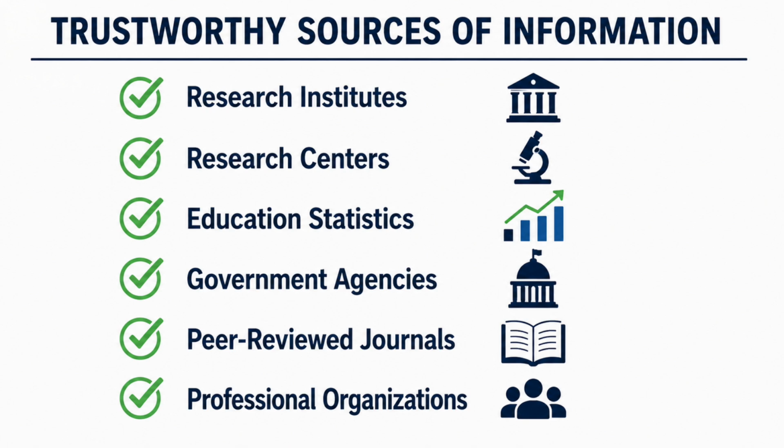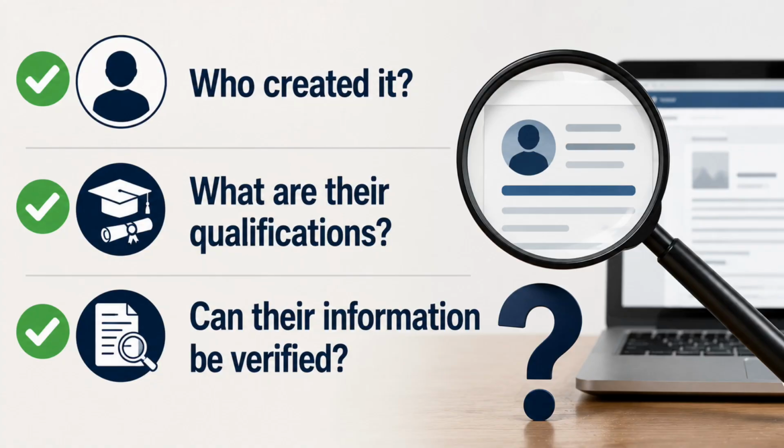These sources are generally more reliable because they follow research standards and provide transparent information. Whenever you evaluate a source, ask yourself, who created it? What are their qualifications? Can their information be verified? Answering these questions will help you make better research decisions.